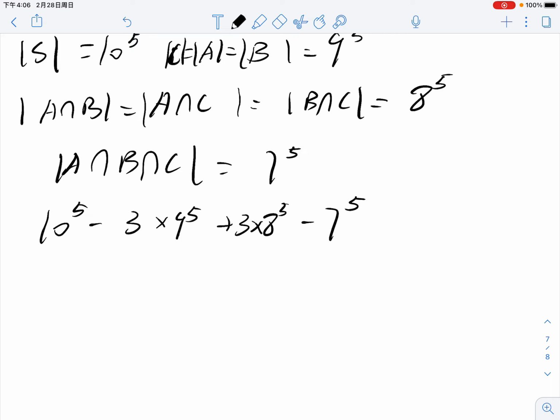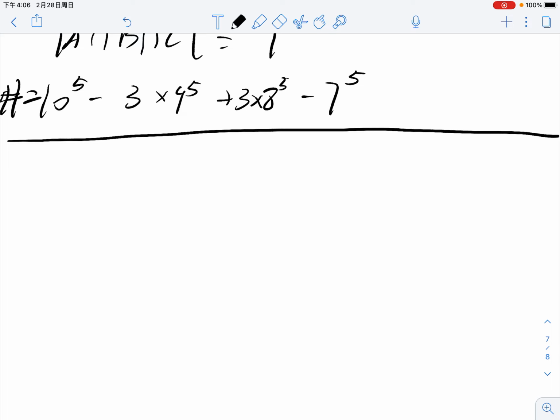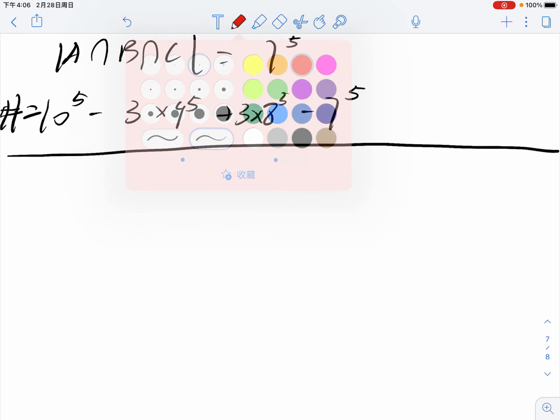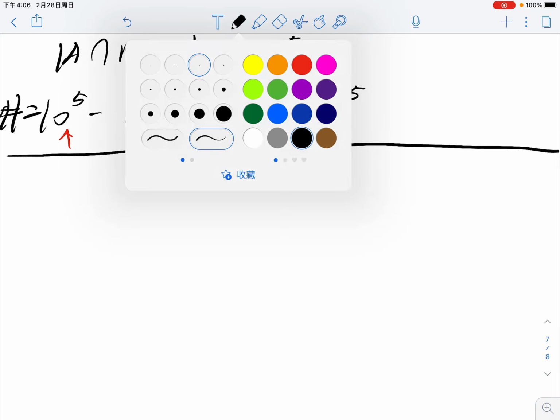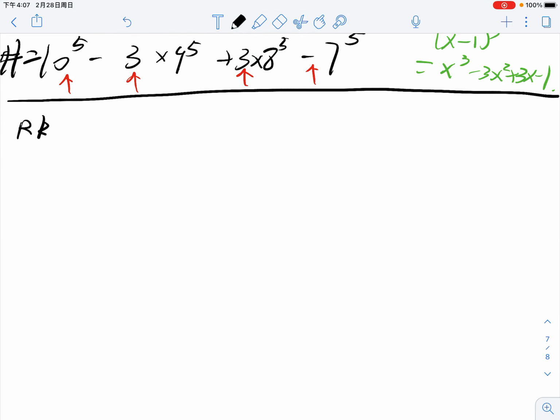Then the whole number is given by this. Okay, and here you will see that the coefficients here are very similar to the ones when we expand (x minus 1) cubed. This is not a coincidence, because we have the following remark.